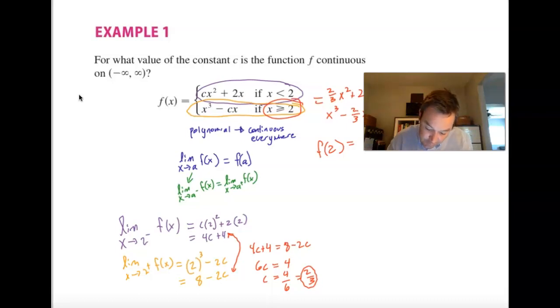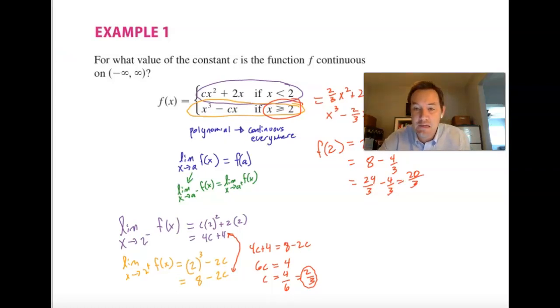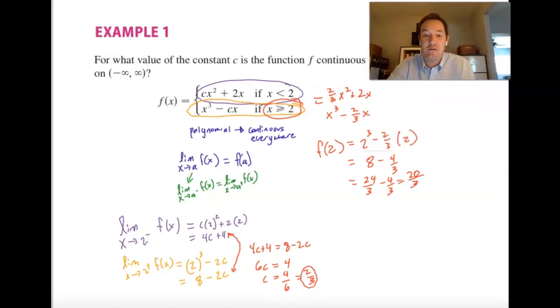So it gets 2 to the third minus 2 thirds times 2, just 8 minus 4 thirds, which is 24 over 3 minus 4 thirds, 20 over 3. And so we end up with that same thing as our right-hand and our left-hand limit as well.